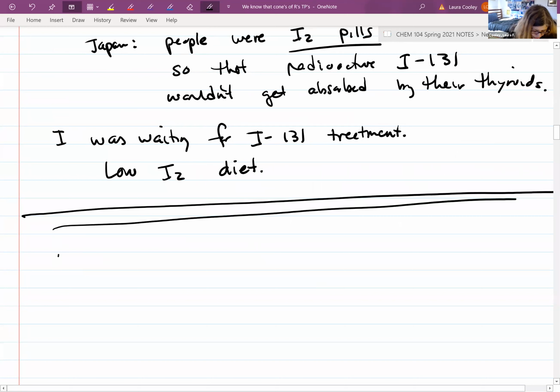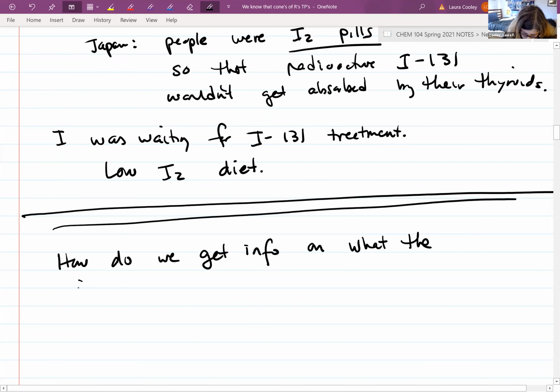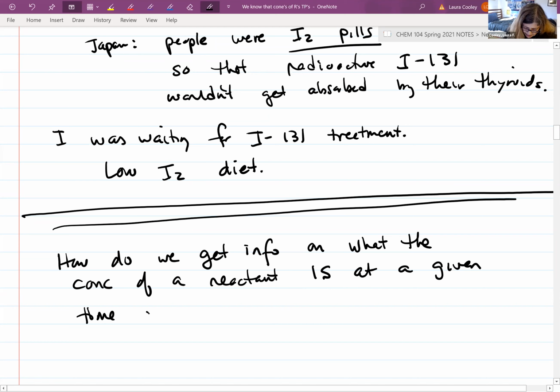Anyway, moving right along, the question is, how do we get information on what the concentration of a reactant is at a given time after the reaction started? That's kind of the goal here.